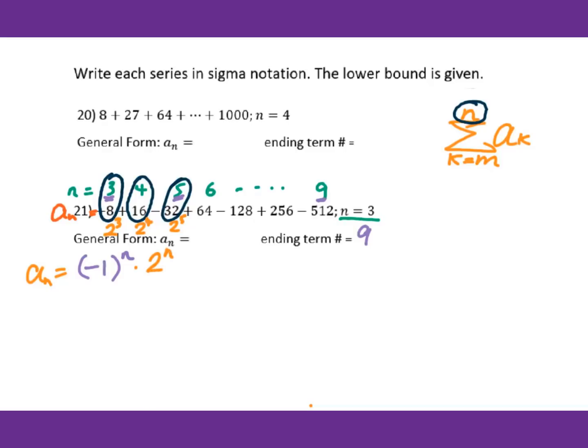That will be the general form. Therefore, the sigma notation will be the sum of -1 to the nth power times 2 to the nth power as n goes from 3 to 9.